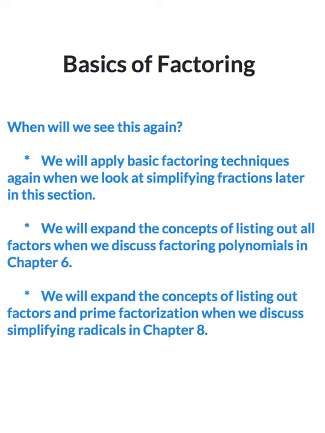We will apply basics of factoring when we talk about simplifying fractions. We will expand the concepts of listing out all factors when we discuss factoring polynomials in Chapter 6. And we will expand the concepts of listing out prime factors and prime factorization when we discuss simplifying radicals in Chapter 8.